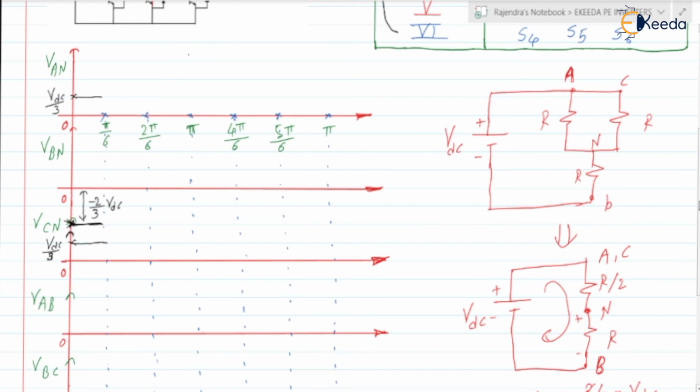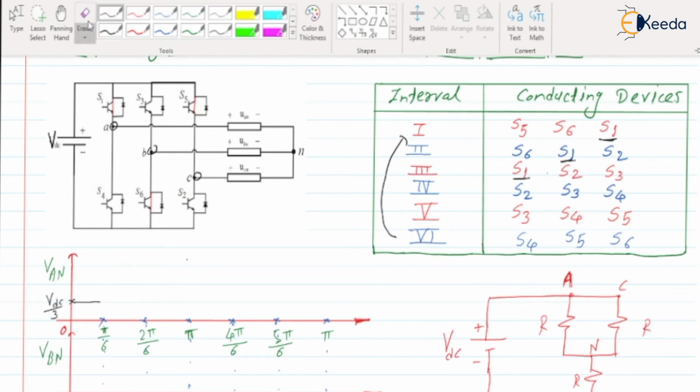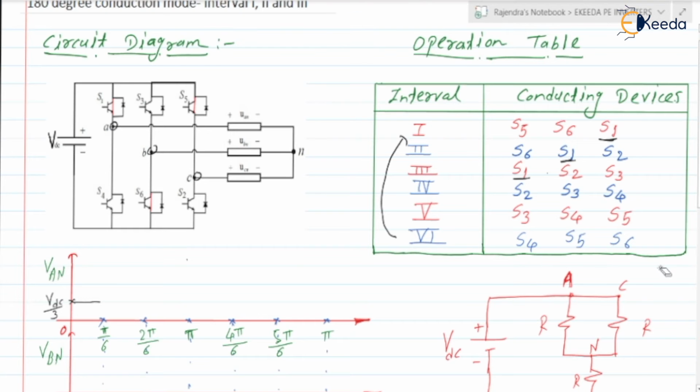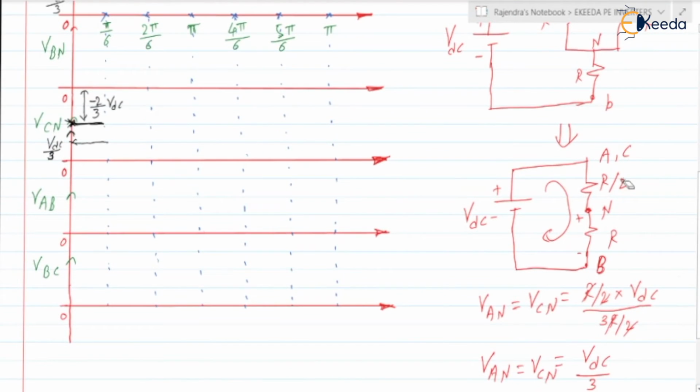Similarly, we can write for the second interval. During the second interval, switch number 612 will be in the on state. So let us discuss what will happen.